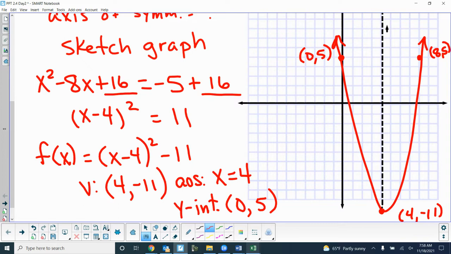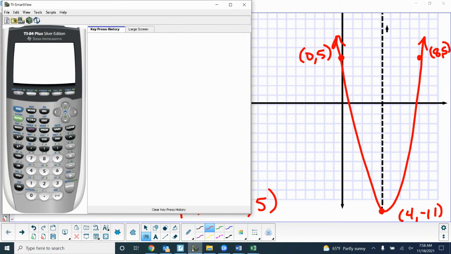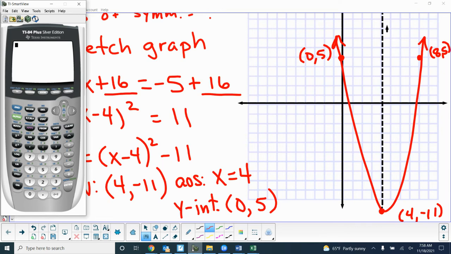Now, if you want to kind of go backwards, you can. You've got a calculator that'll help you do this, right? All right, so we could go to the y equals, and it was x squared minus 8x, right? And then it was plus 5 to start, right? And hit graph. You know, and there's the graph of it, okay?